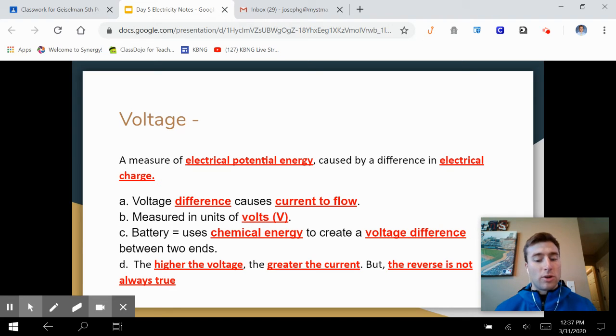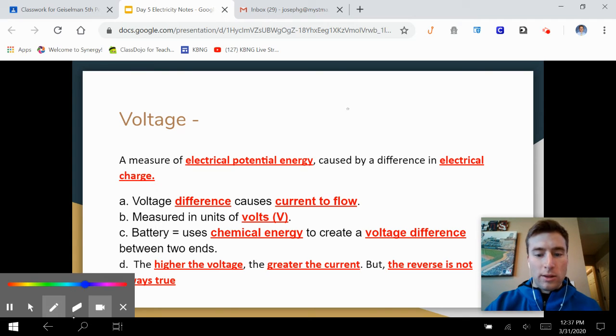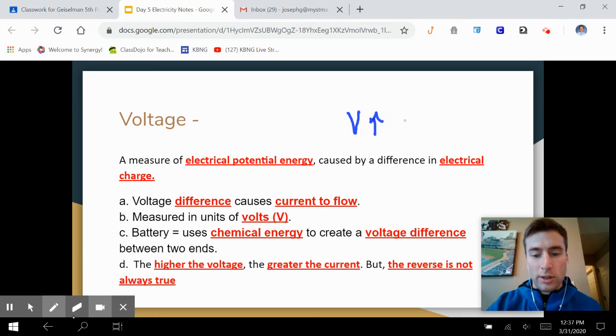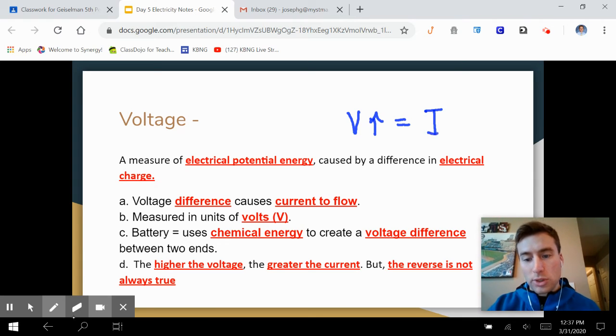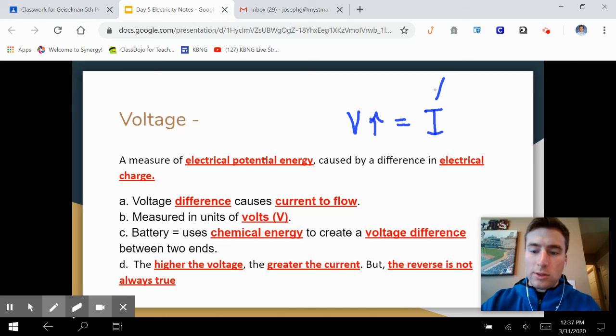The higher the voltage, the greater the current, but the reverse is not always true. So if voltage goes up, no matter what, our current's also going to go up. So as V goes up, that means current, we use I. So V is equal to voltage, I is current.